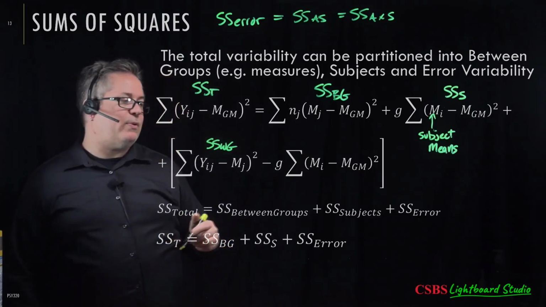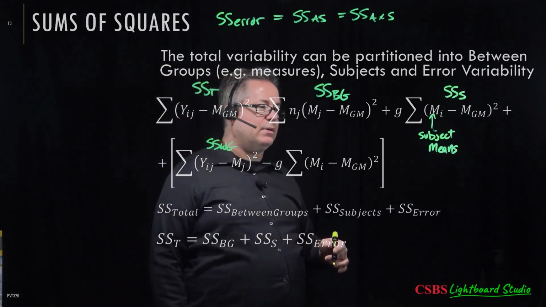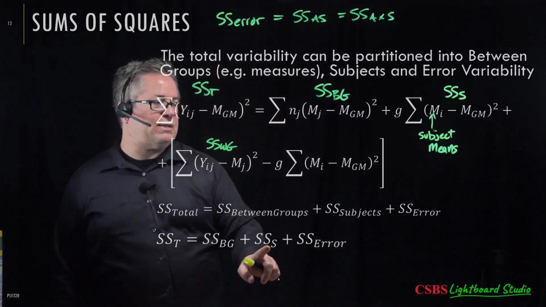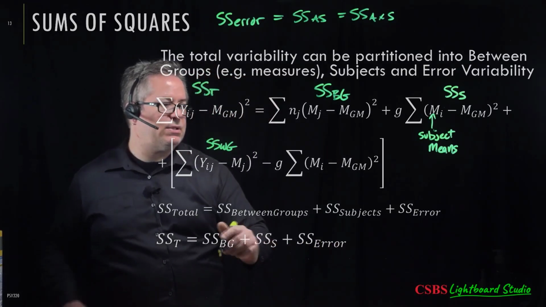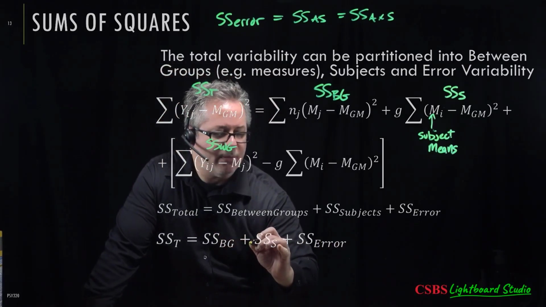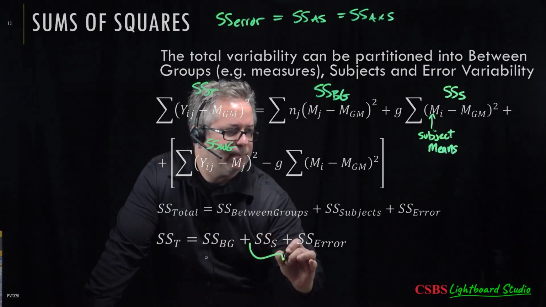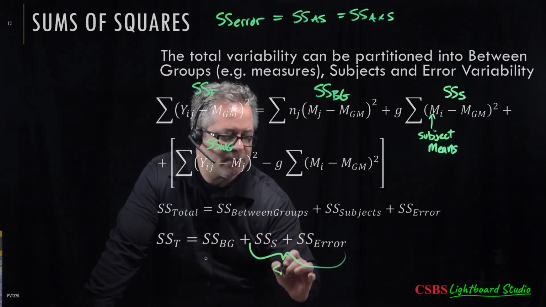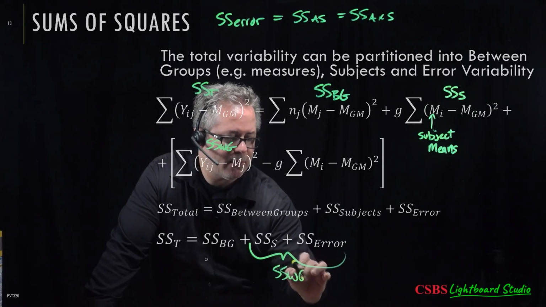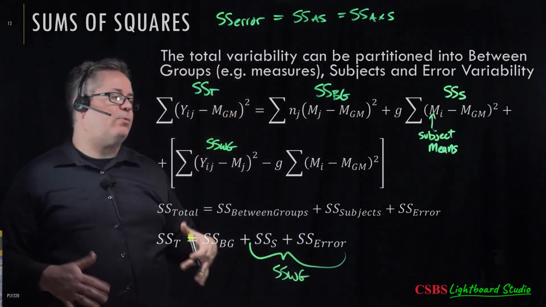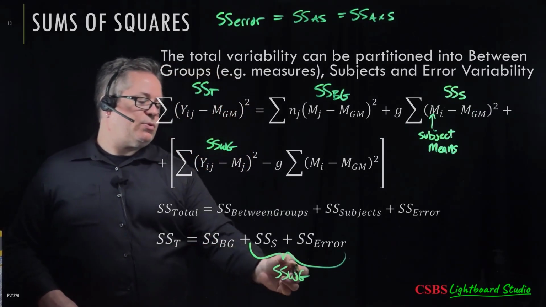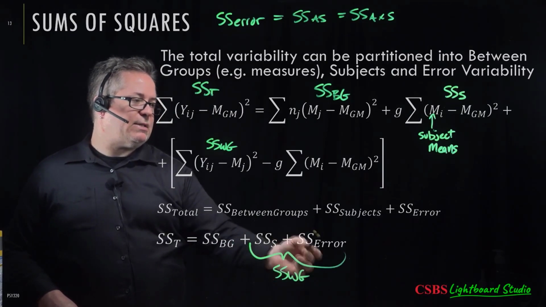So before, remember we said that S and error, these two things, are both parts of the sum of squares within groups, right? They're both parts of it. We're taking sum of squares within groups and splitting it into S and error.